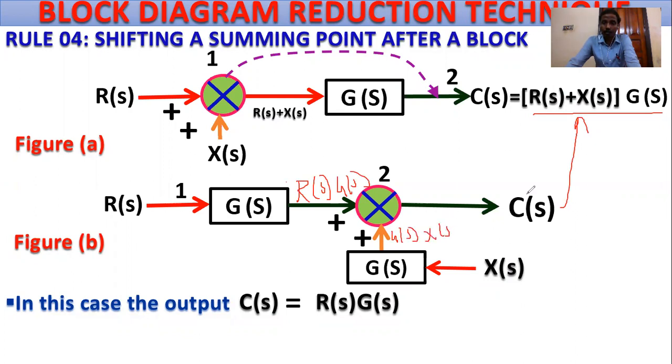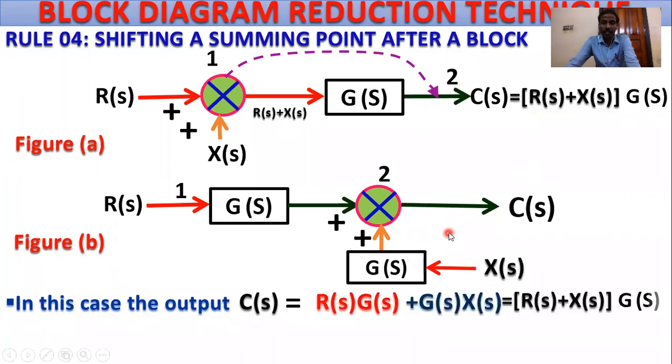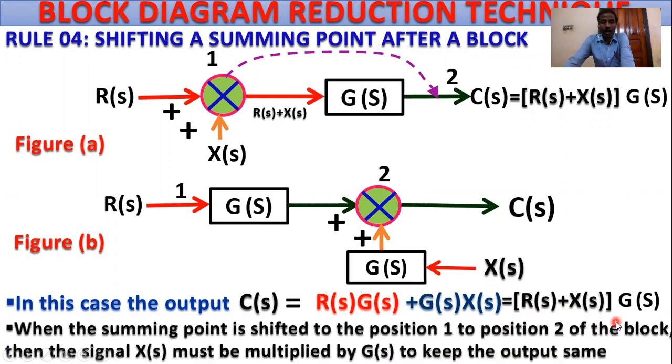So C(s) equals this signal plus these signals: R(s) into G(s) plus G(s) into X(s), or R(s) plus X(s) whole into G(s).